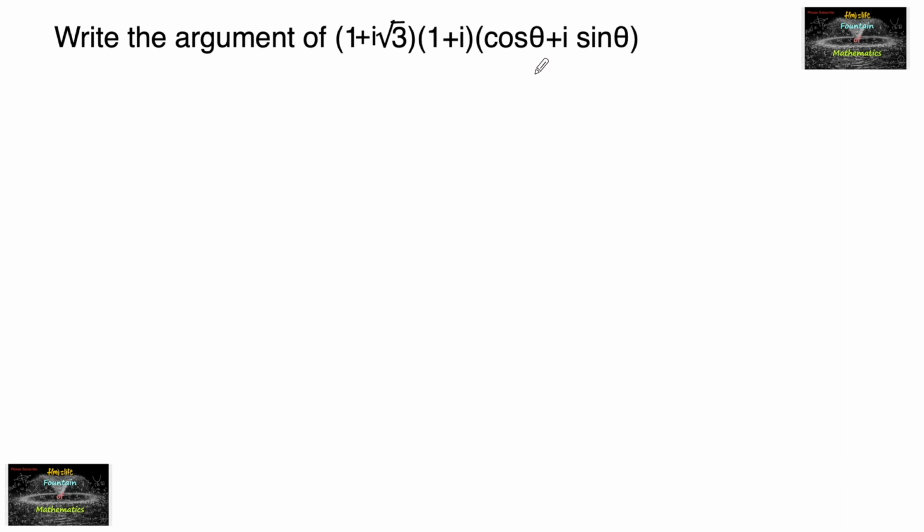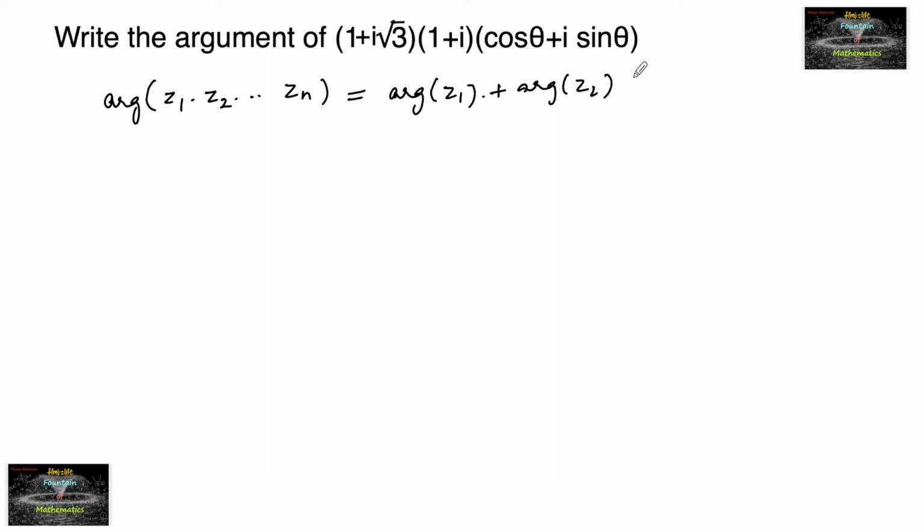Write the argument of (1 + i root 3)(1 + i)(cos theta + i sin theta). Since we know that the argument of z1 z2 ... zn is equal to the argument of z1 plus the argument of z2 plus and so on, the argument of zn.